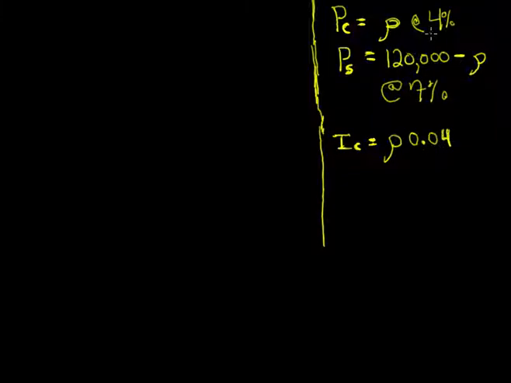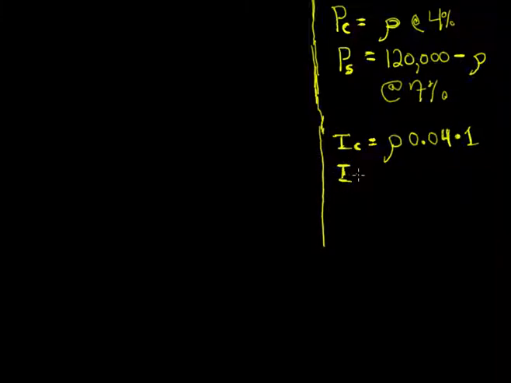And so when we take a percentage to decimal form, we move the decimal place 2 to the left. Well, we divide by 100. And so 4% sits in the hundredths place. And then the time, well, in this case, 1 year has passed. And so that's the interest we would gather from just the CD.